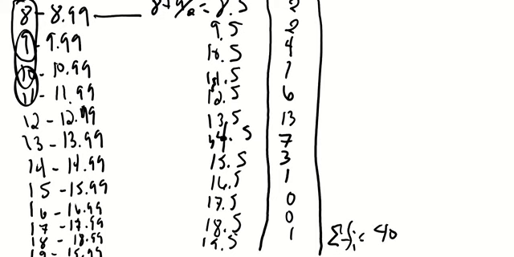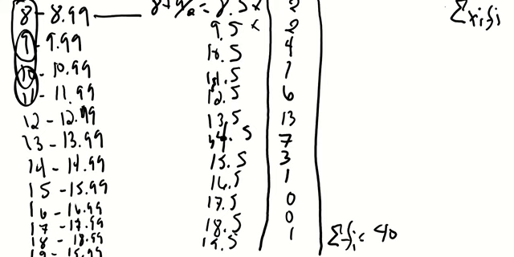Okay. So the numerator for the formula was actually the sum of x_i times the frequency f_i. So that basically meant that it's going to be this times this, this times this, right?